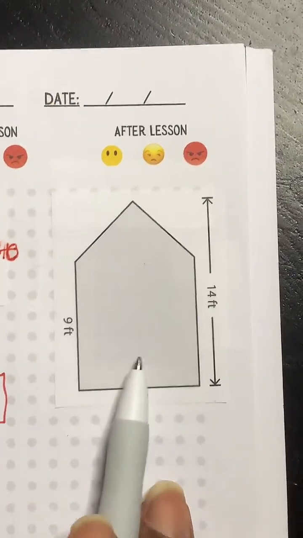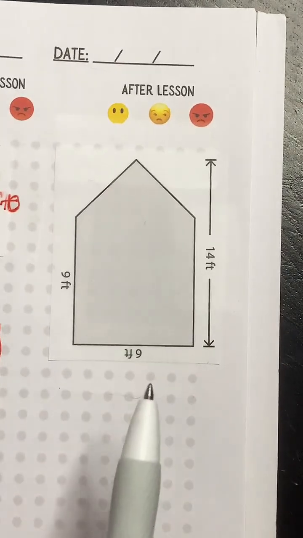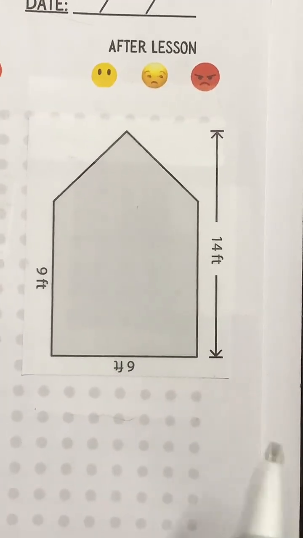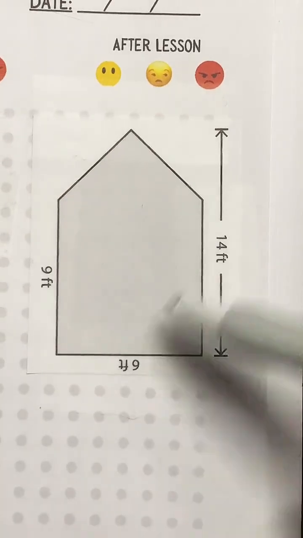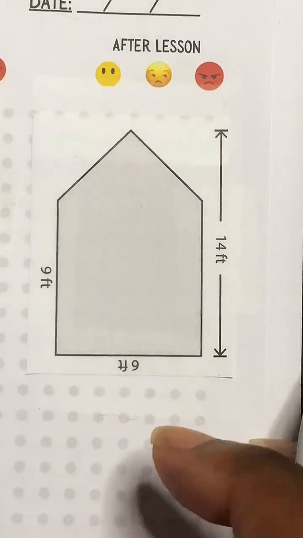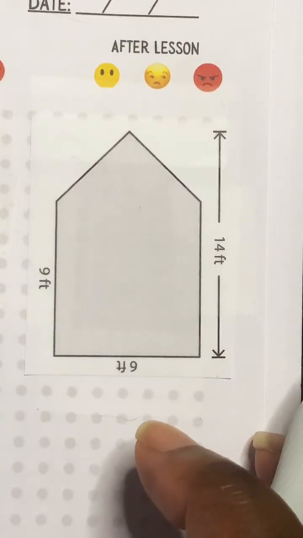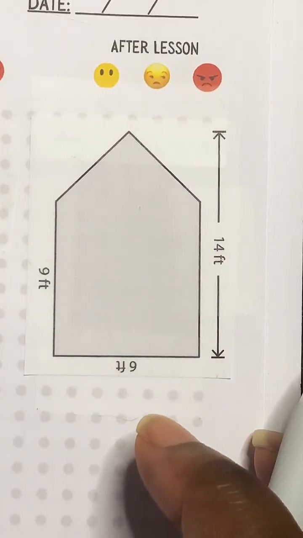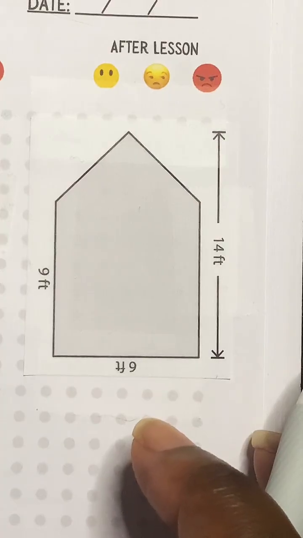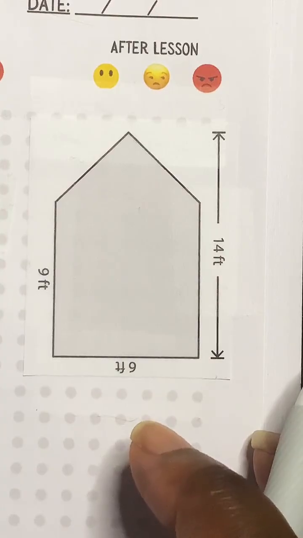So again, we got 2 things going on here. Let me see if I can enlarge a little bit. So hopefully you can see that we have 2 shapes. What kind of 2 shapes do we have? If you want to put that in the chat, that would be amazing. What do you see?